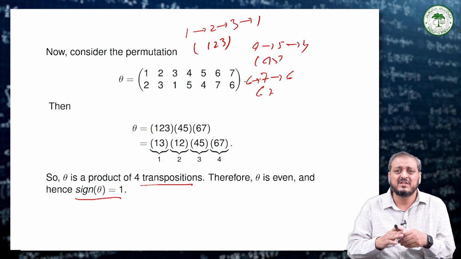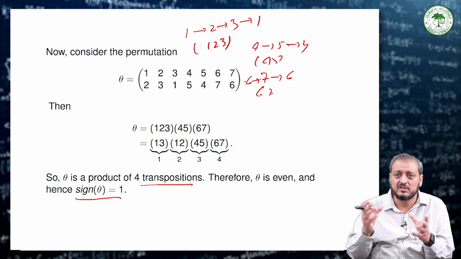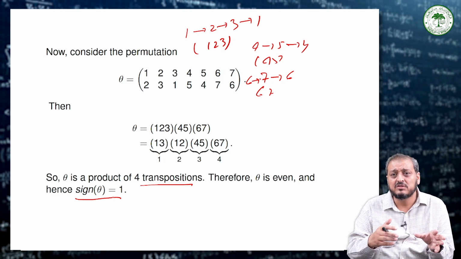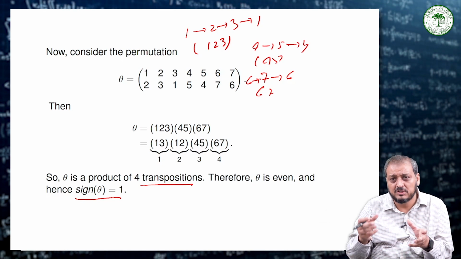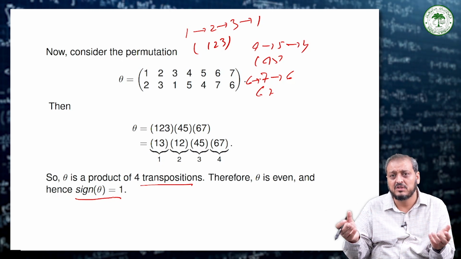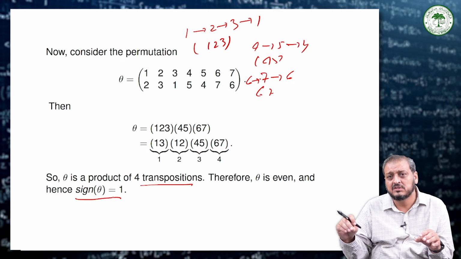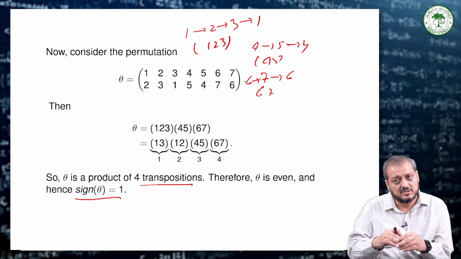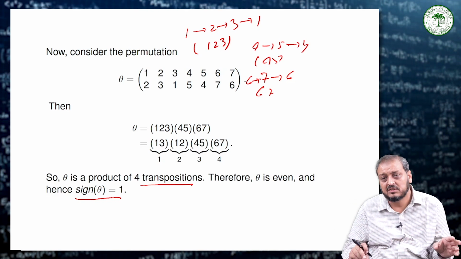For every permutation we write the cyclic notation and the disjoint cycles, and after the disjoint cycles we write the 2-cycles, meaning the transposition form, since every 2-cycle is a transposition. Then we count: if the number of transpositions is even, the permutation is even; if odd, the permutation is odd.